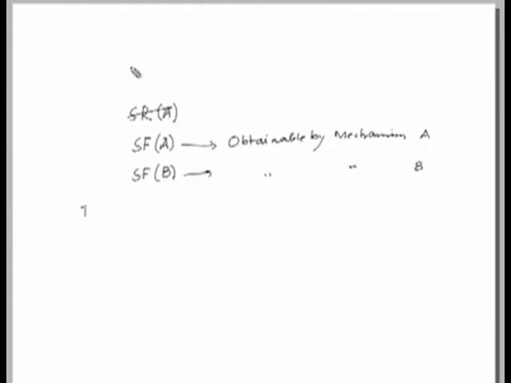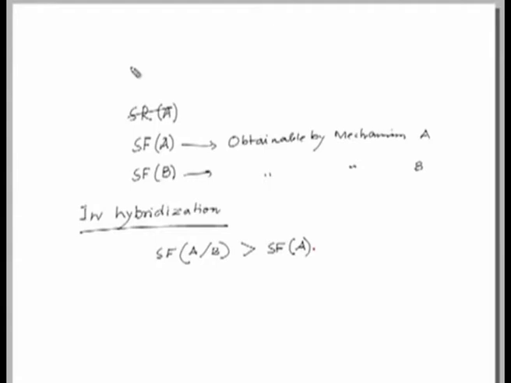Then if we apply this in the case of hybridization, the surface finish obtainable by A with the assistance of B should be greater than the surface finish that can be obtained by only A. Similarly, the surface finish obtainable by B with the assistance of mechanism A should be greater than the surface finish obtainable by mechanism B alone.